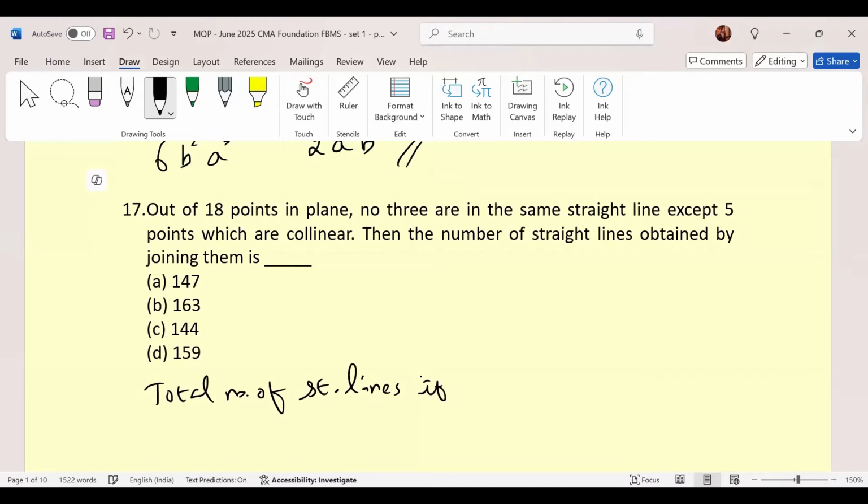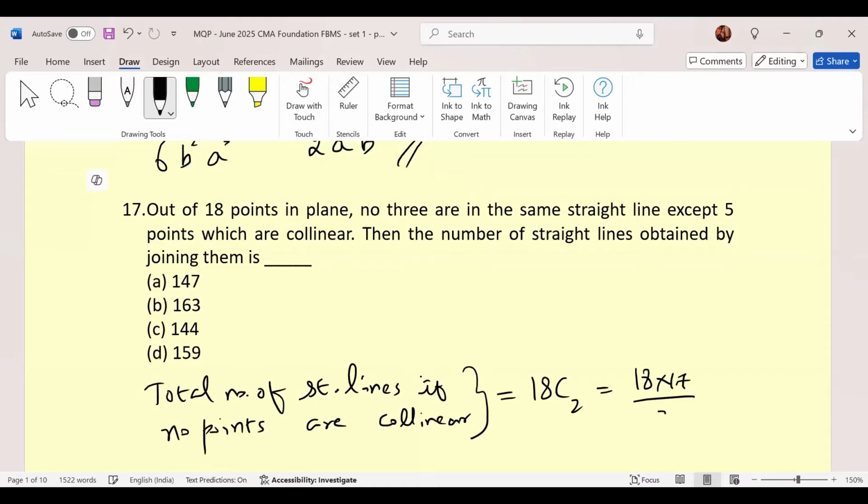If no points are collinear, means without any condition, for one line you need 2 points. So 18 choose 2, that will become 18 into 17 by 2. We will get 153.